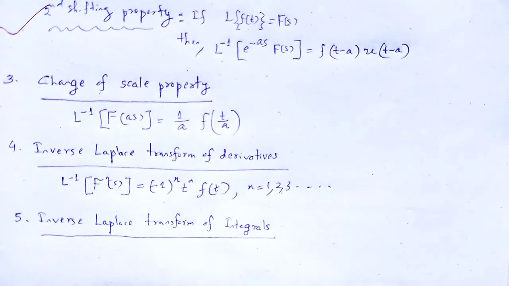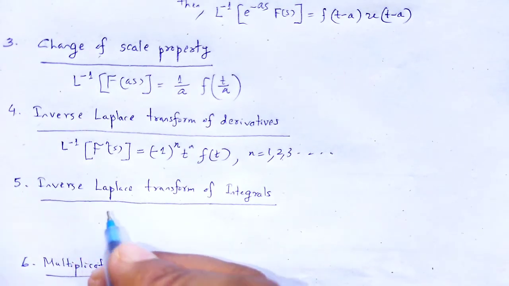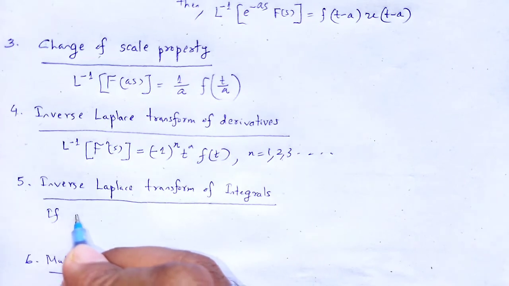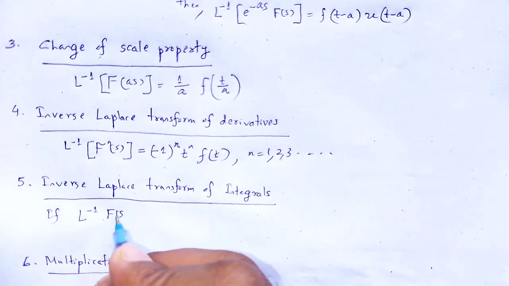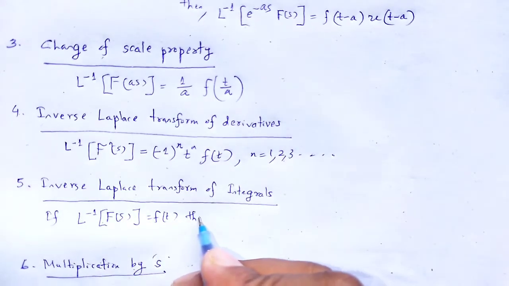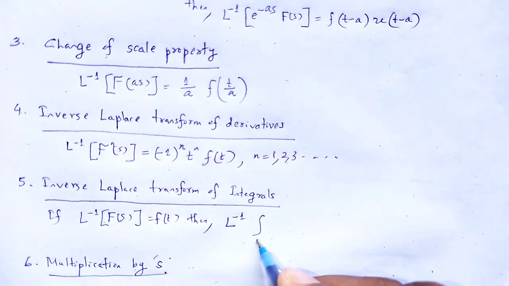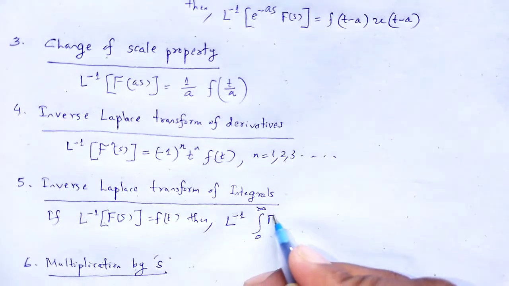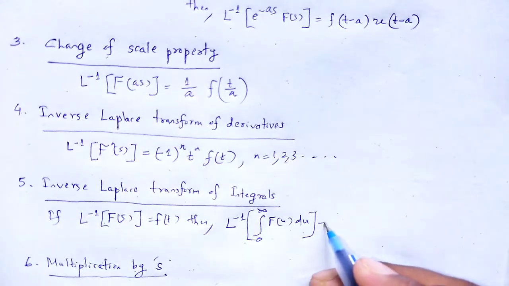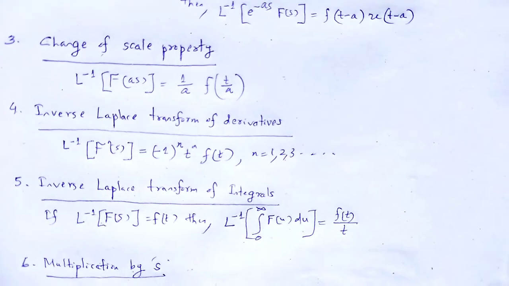Similarly, for inverse Laplace transform of integrals, we have as usual techniques. If inverse Laplace transform of F(s) gives rise to f(t), then inverse Laplace transform of the integral from s to infinity of F(u) du is equal to f(t) divided by t.